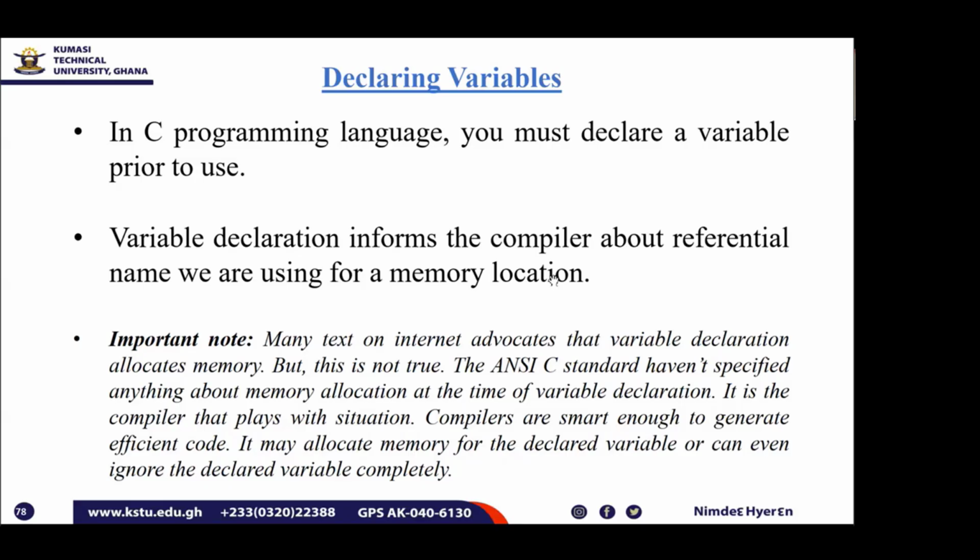Now, if you read some literature, they will tell you that variable declaration allocates memory, but that is not true. The ANSI C standard hasn't specified anything about memory location at the time of variable declaration.